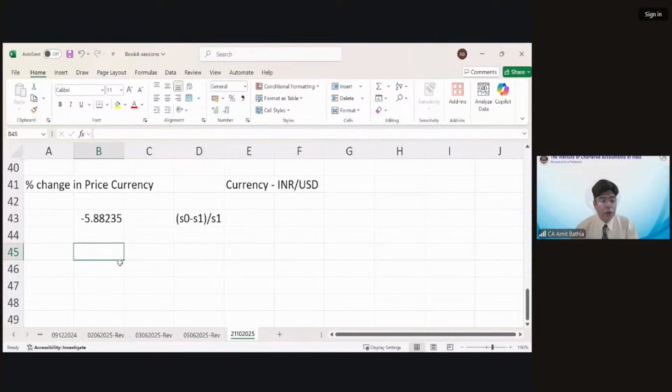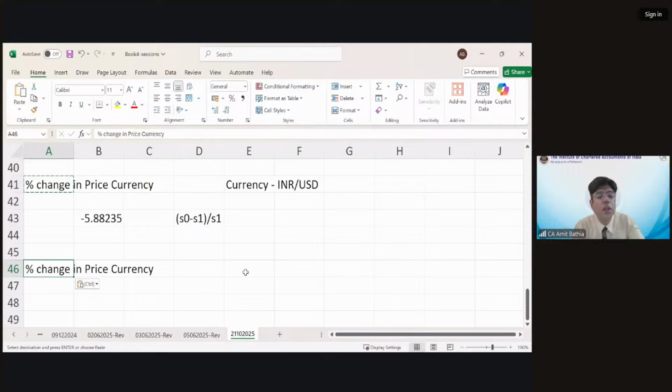Now, if I want to calculate the same as appreciation, how do I go about doing that? If I'm trying to calculate percentage change in base currency, this time we are going to calculate in base currency.